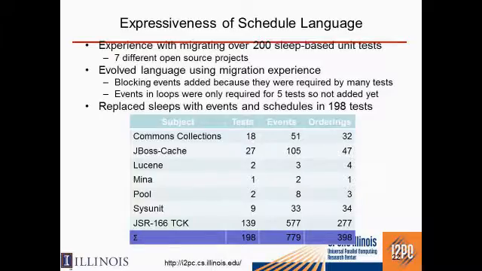OK, so to see how expressive this language is, we got about 200 of these sleep-based unit tests from open source Java code from various projects. Then we translated them into immunity by adding these events and orderings. And we found that we were able to express almost all of them. One issue that we did not support, though, is events in loops.